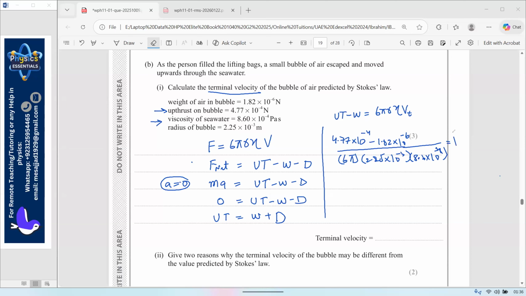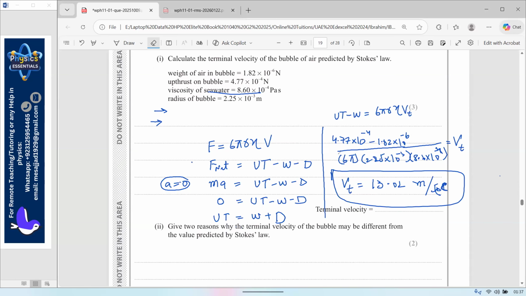All this equals Vt. And from here, Vt, the terminal velocity, is 13.02 meters per second. That is the answer to the question.